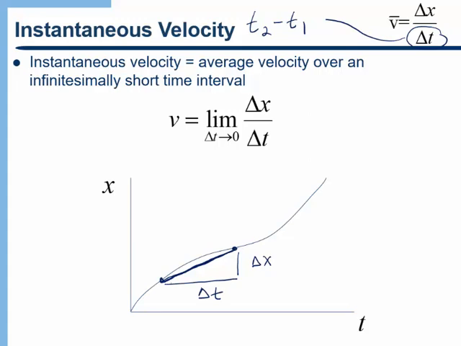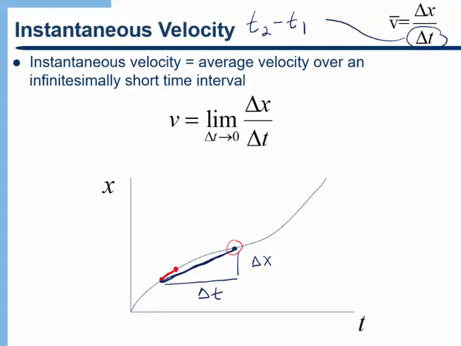Well, let's say that what we really wanted to know is what is the velocity at that point? Well, we might not be able to get exactly the velocity at that point, but we could get closer and closer to it if we brought these 2 points closer. What if instead of having my second point here, I brought it right to here? Well, now we'd be figuring out the slope of that line.